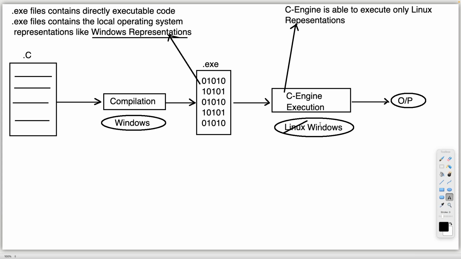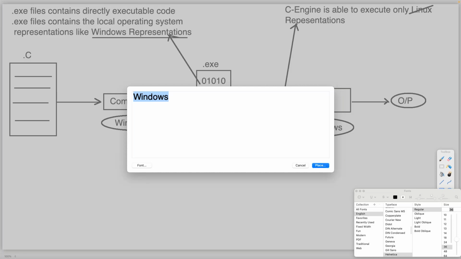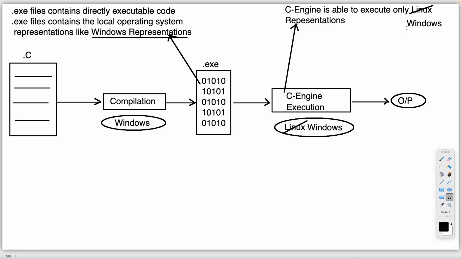Now see this point. If we use the Windows operating system at runtime, the C engine is able to execute only what representations? Not Linux representations; we have to provide Windows representations. Now see the compatibility we are getting.